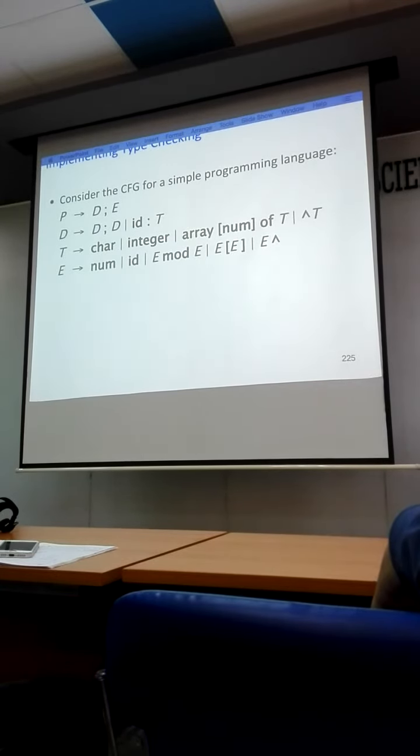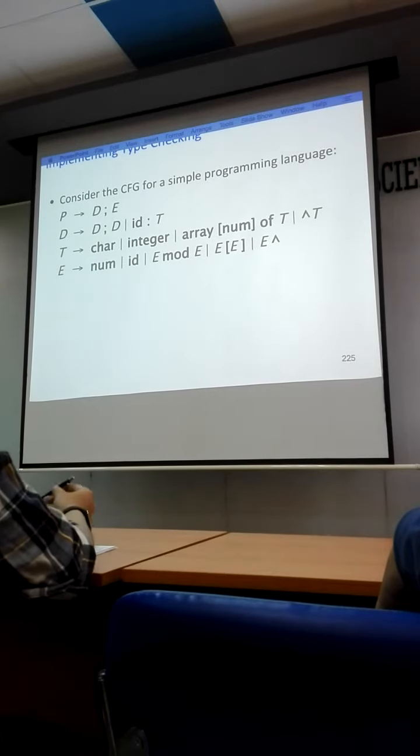Do you agree with me? That's right. This grammar is ambiguous. But we do not pay attention to such a thing right now. For simplicity, for clarity of vision. So let's assume that it's not ambiguous.